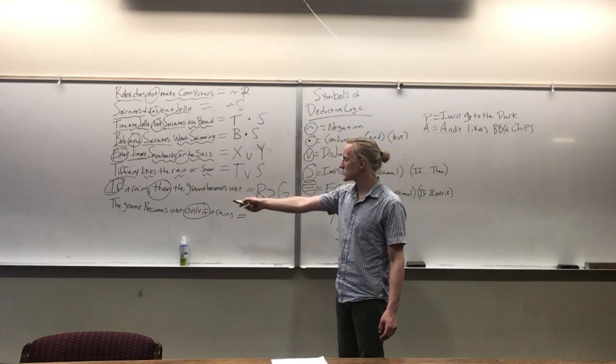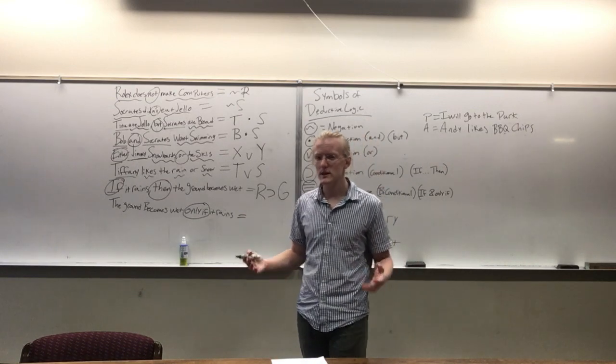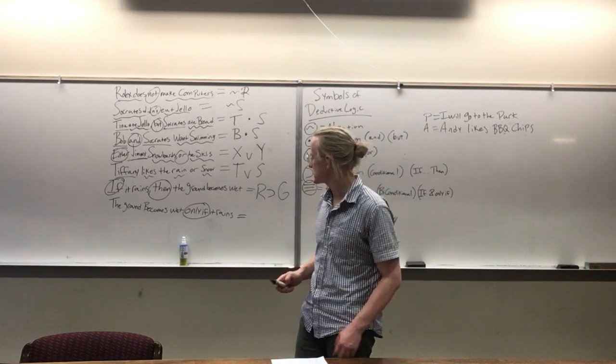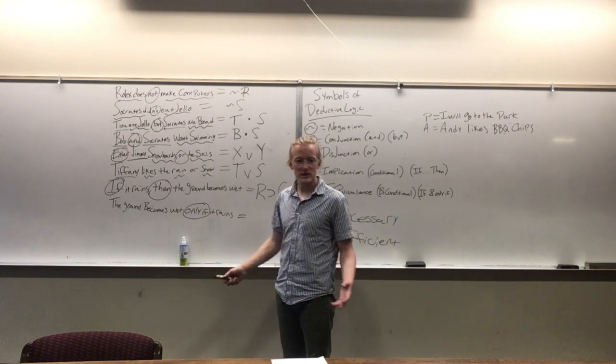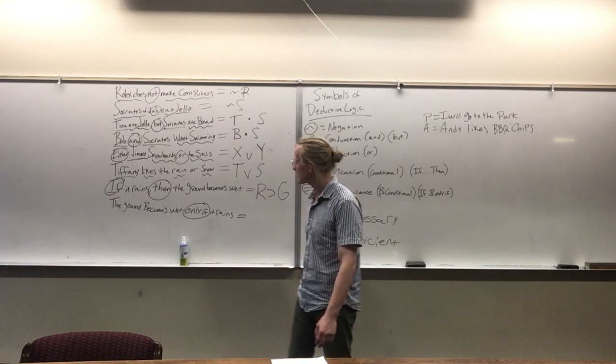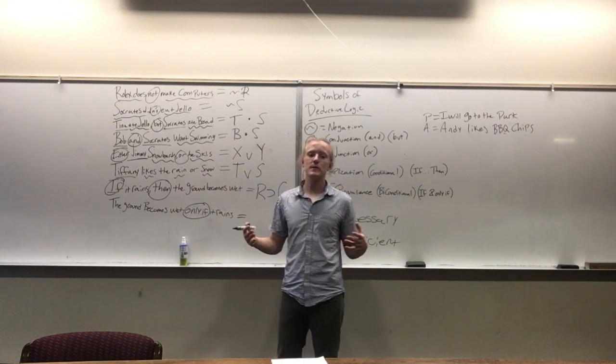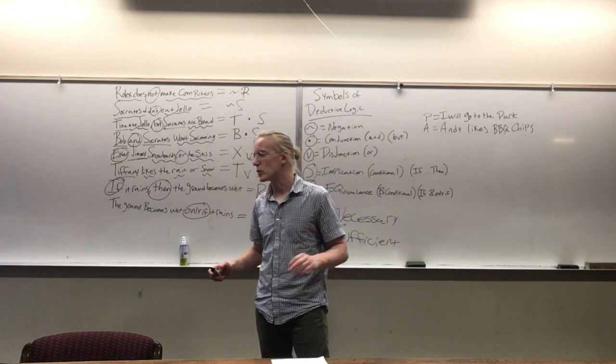So the ground becomes wet only if it rains. You'll notice there's no then, which should key you on to something weird in this sentence, but there is an if. And when there's an if, we know that we're talking about implication. The ground becomes wet only if it rains. This is the phrasing that breaks the rule.